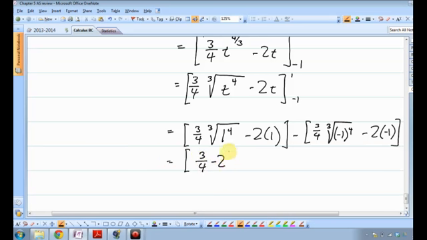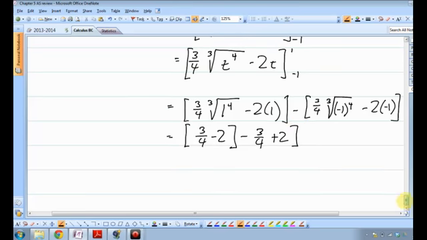So 3/4 minus 2 minus, see, -1 to the 4th power is still 1, so it's minus 3/4 plus 2. Okay, 3/4 minus 3/4 is 0. Minus 2 is -4. So -4.